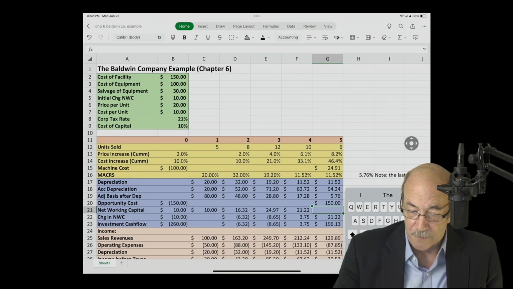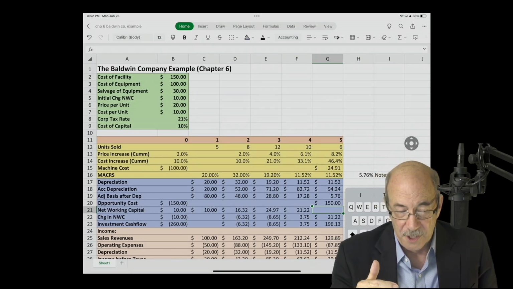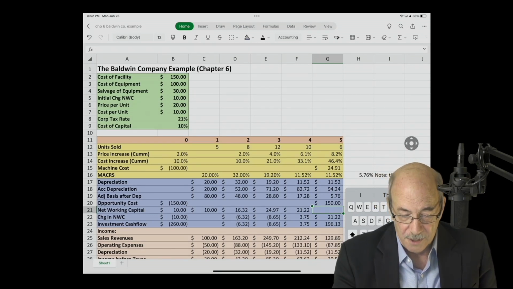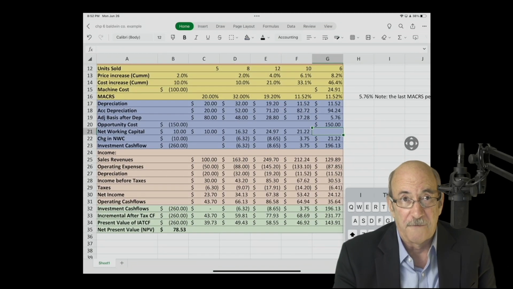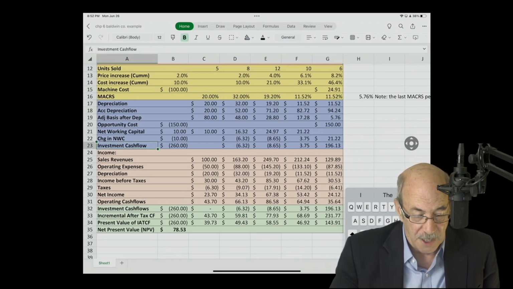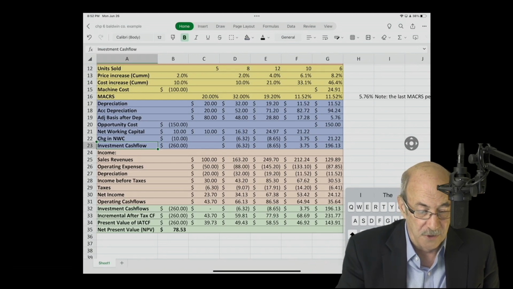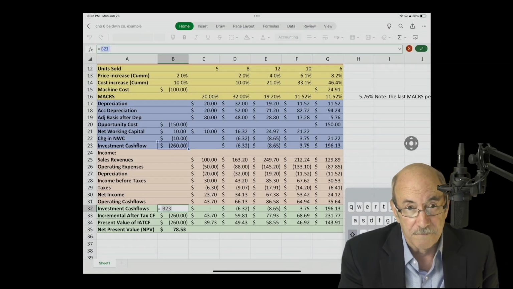Change in net working capital, that's the one that I really need, and that's the one that you'll see later on showing up down here when we sum up our investment cash flows. Okay, so here this line 23 is actually transferred down to line 32 as well. Now that one I did do properly. I referenced up to line 23, which is as it should be.